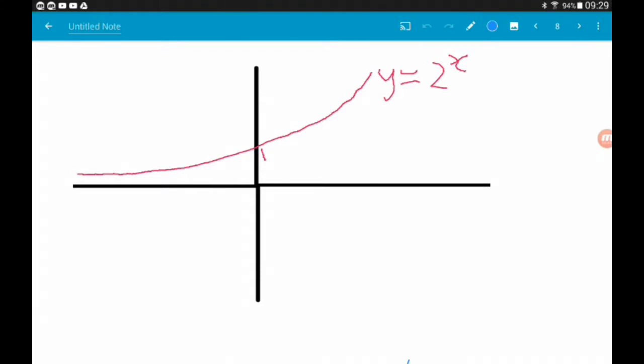So what's going on here? Well, on the left of x equals 0, so on the negative part of the x-axis, we are increasing, but because our values are fractional to the left, it doesn't seem as dramatic.